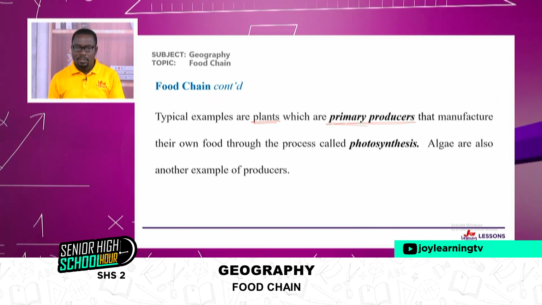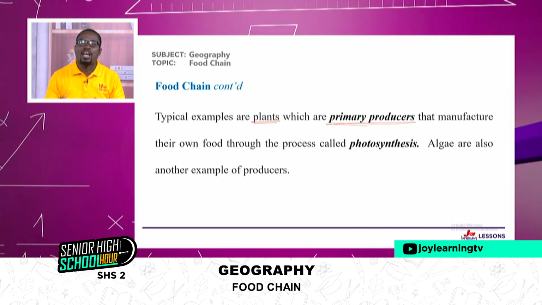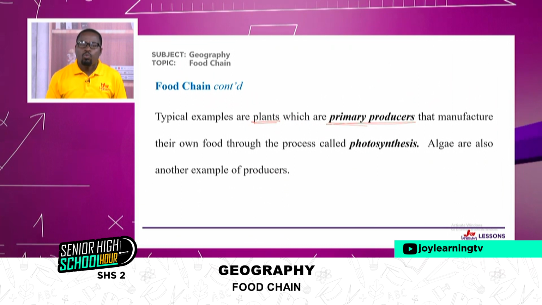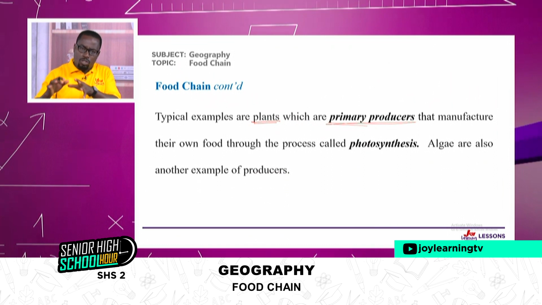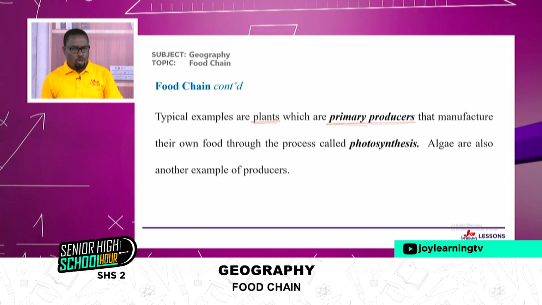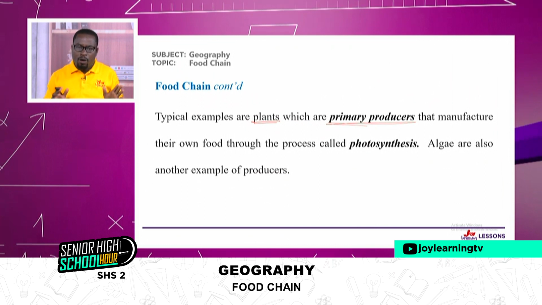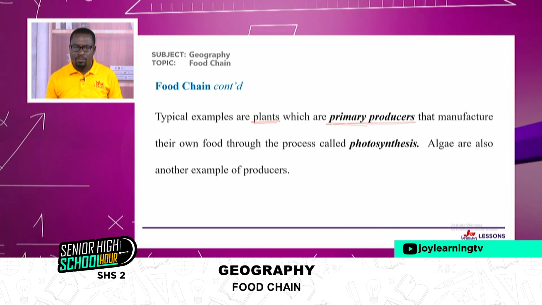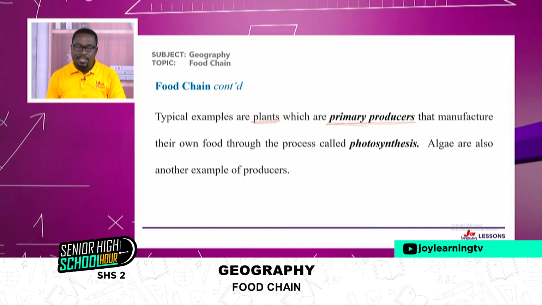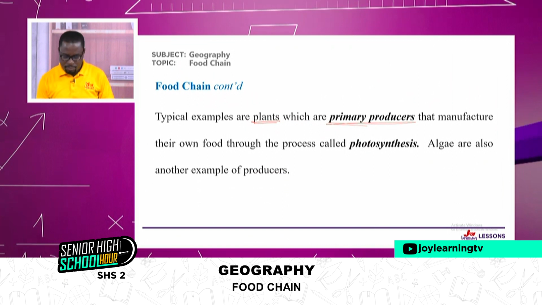Then, by the process known as photosynthesis, these plants manufacture their own what? Food, without going to consume another organism, causing harm to that organism. No, the plant is of itself. The plant doesn't need your help. All that it needs is the sunlight, and then it produces the food.